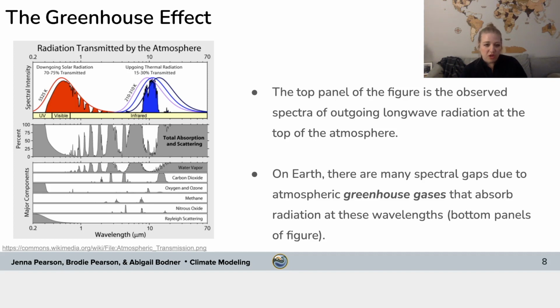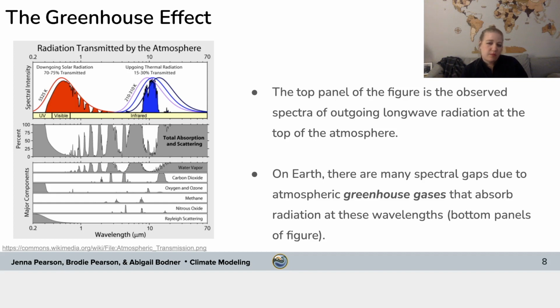And so this is shown in the figure here on the left in the top panel, where the actual energy reaching the top of the atmosphere is given by the blue shading. And then on top of that, there are some black body curves plotted as well, with various emission temperatures ranging from 210 to 310 Kelvin. And what we notice is that none of these are a particularly good fit for the blue shaded region, and that there are many spectral gaps.